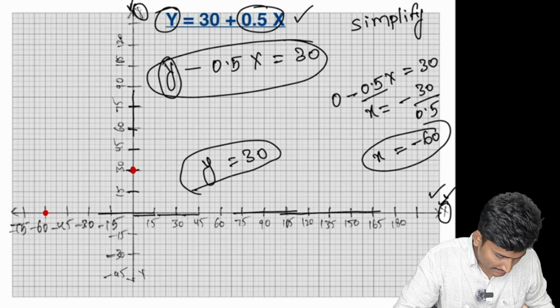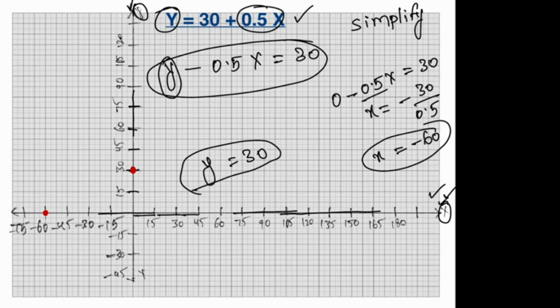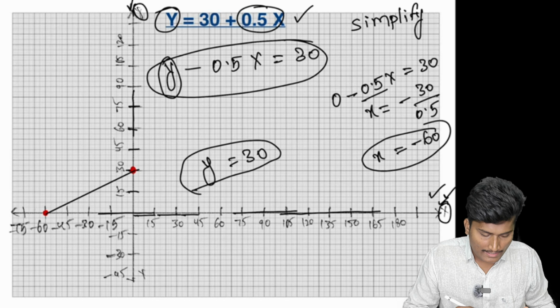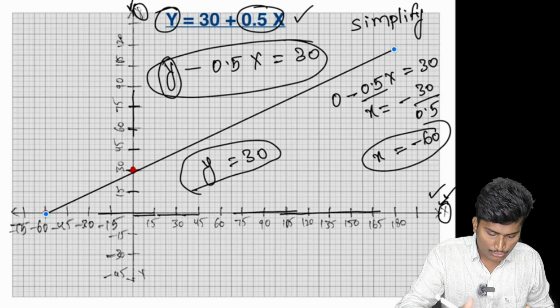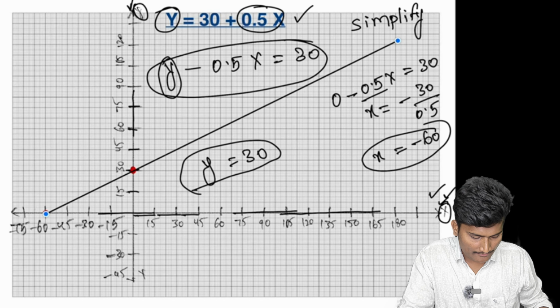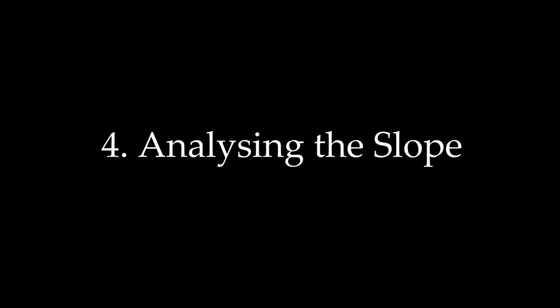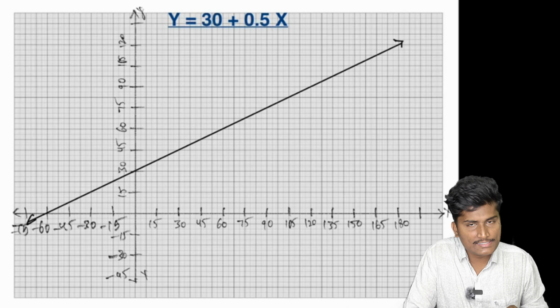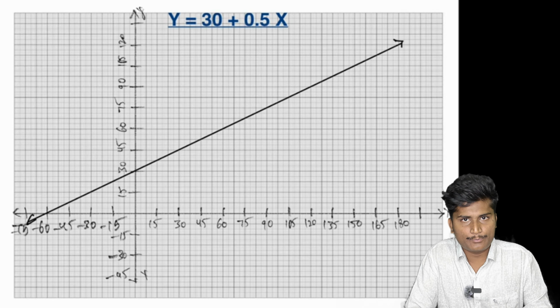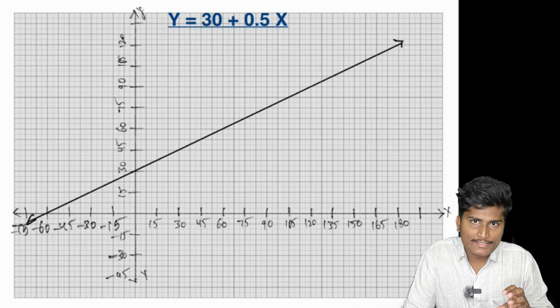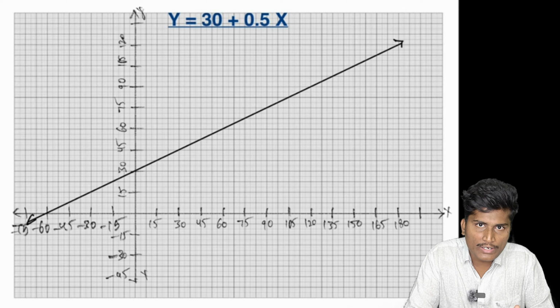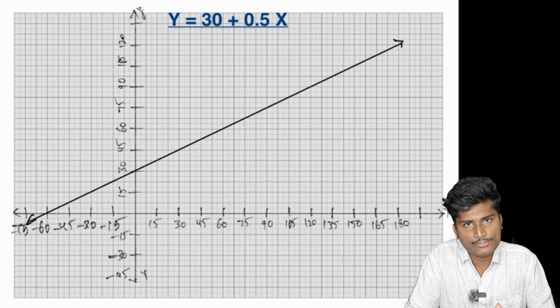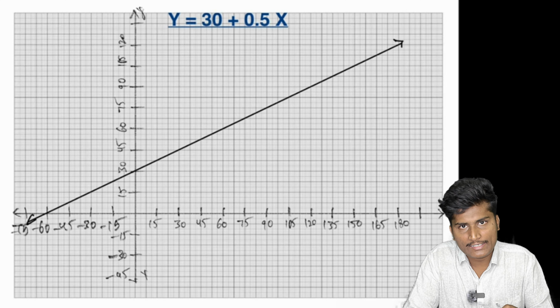Okay, so when we connect these 2 points in a straight line and extend that line into the first quadrant, then we will have the graph. So this is the graph here. Now what this line represents is every possible outcome of the problem. Let's say, for example, you want to find out the number of marks you are going to get if you studied for 70 hours.